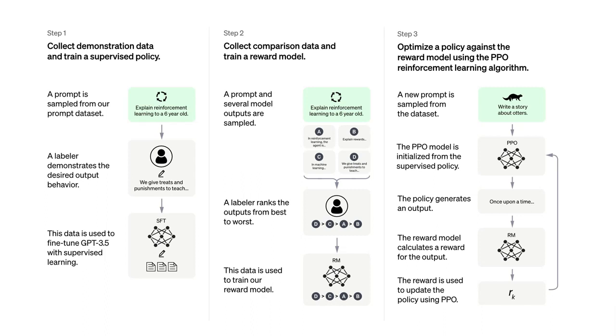Finally, with the fine-tuned GPT 3.5 model and the reward model in place, the existing model was further improved. Using a new prompt, the optimized model was initialized to generate a response. The reward model was applied to evaluate and classify this response. Based on that evaluation, the model was asked to generate a different response for the same prompt, and the reward model was used again to assess whether the new response was an improvement over the previous one.